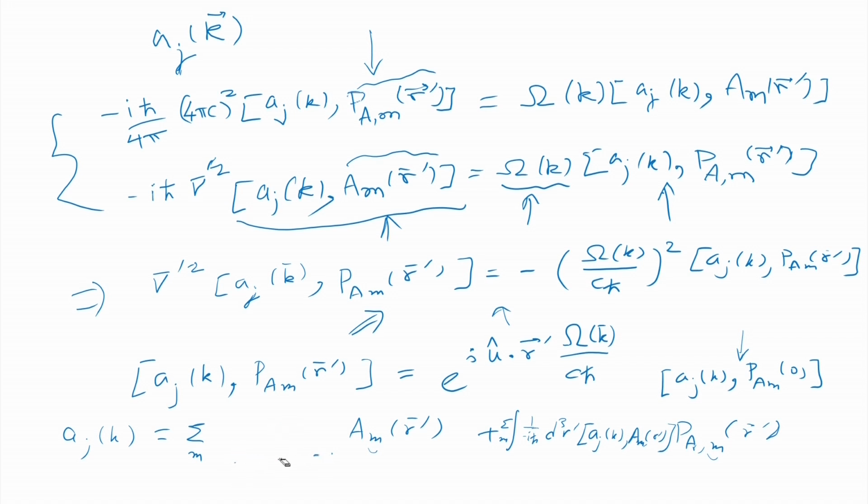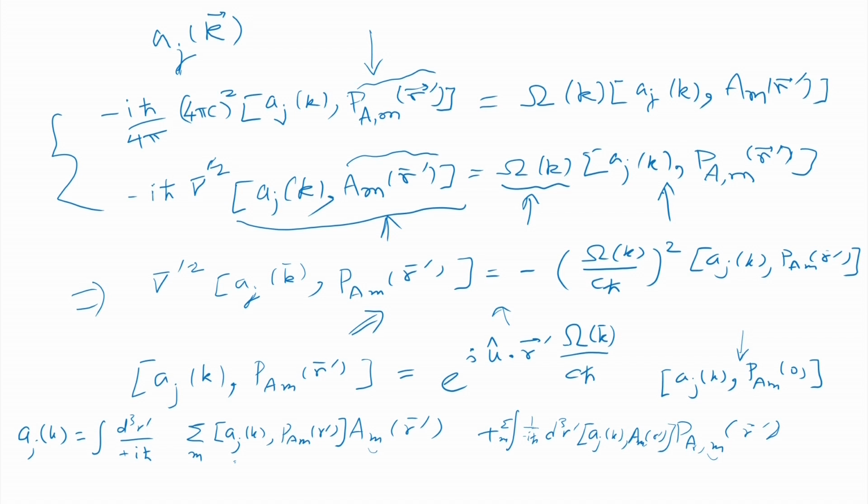I don't want to swallow too many steps, so I'm going to do it like this. Okay, this makes sense. This is plus. Okay, this makes sense for what reason?